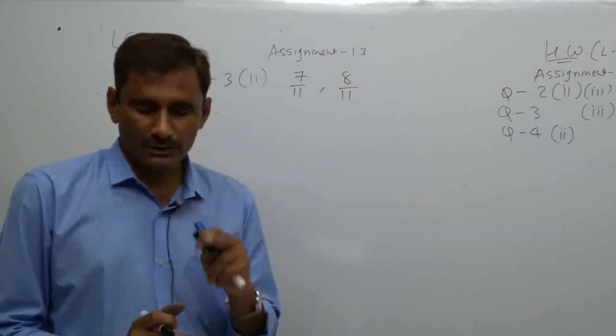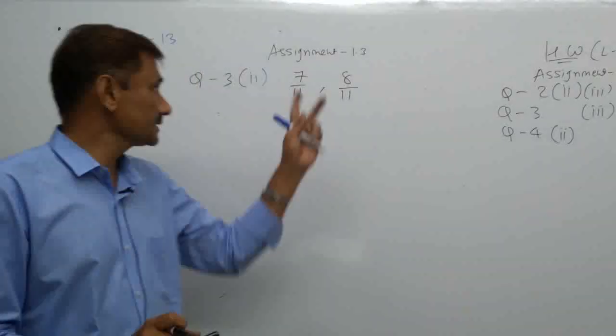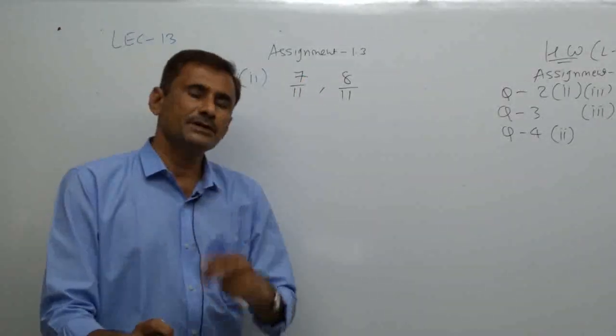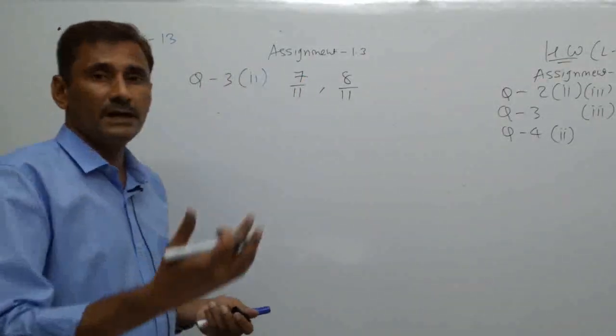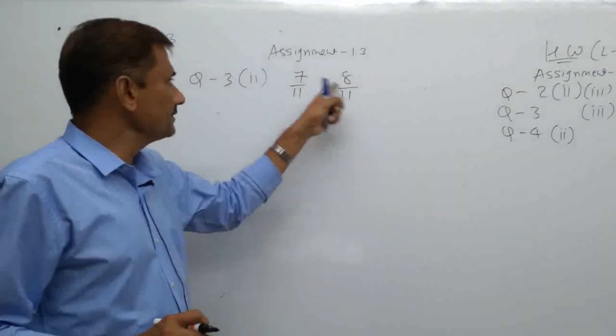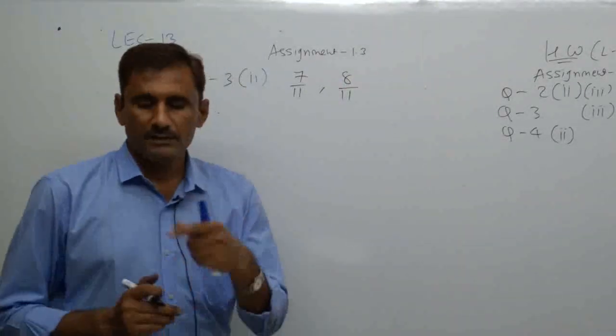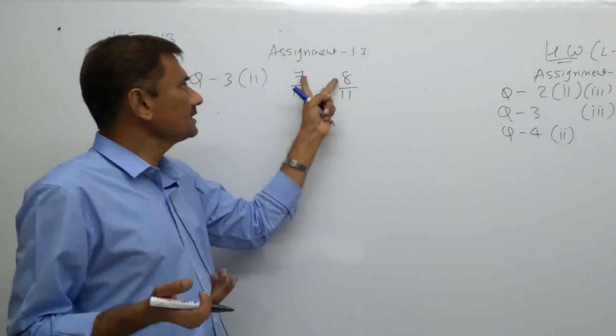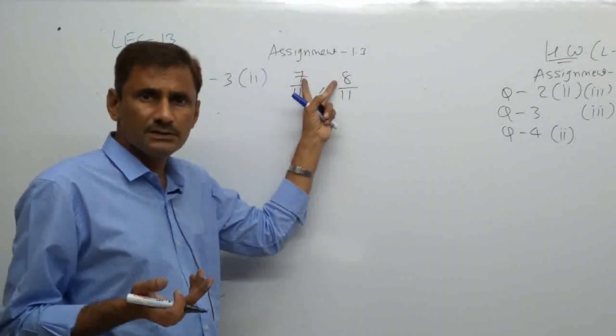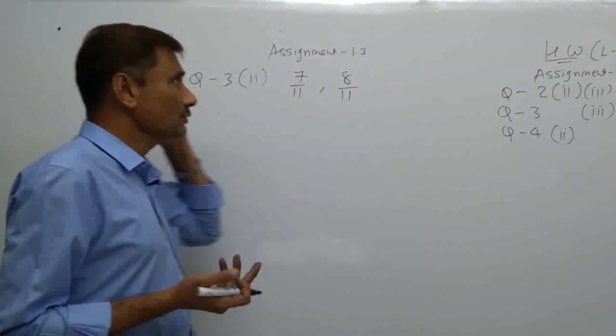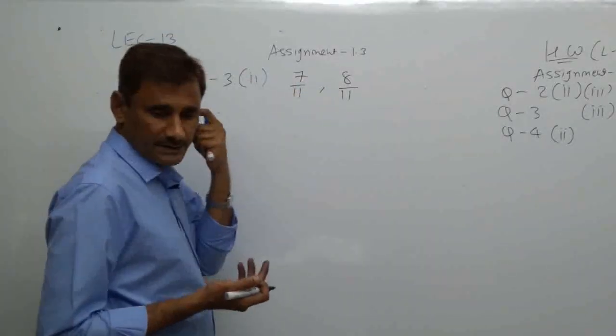And I told you how many numbers are required? 6. So you can multiply by 7, otherwise by 8, 9, but minimum by 7 you have to multiply to both fractions. Why? Because 6 are asked and they are just consecutive numbers only.